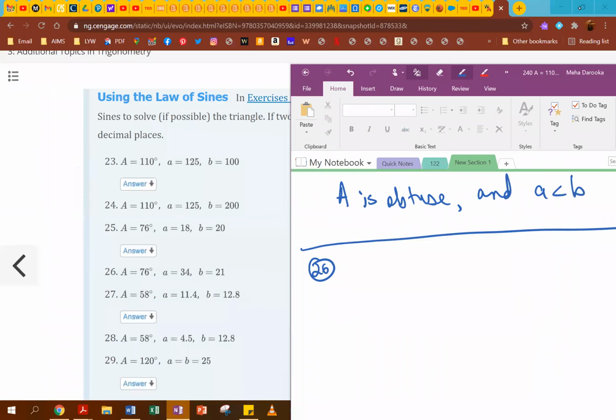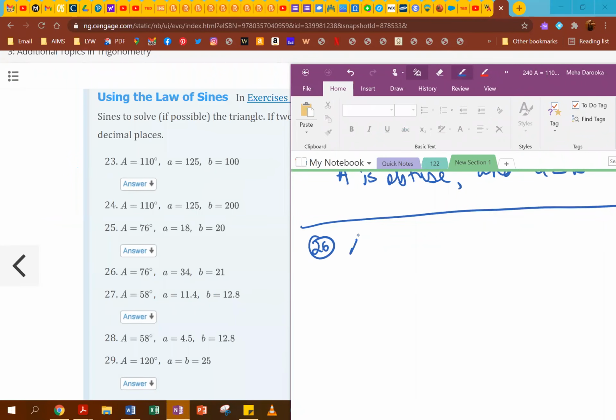Okay, so for number 26, angle A is 76 degrees. Side A is 34, and you will see side A, 34, is greater than side B of 21.